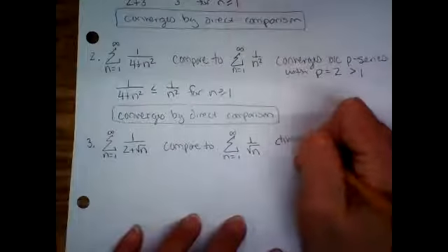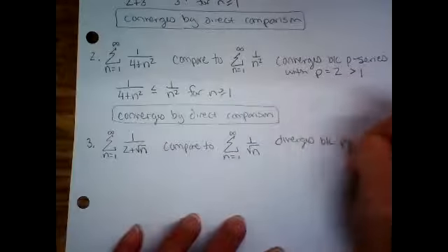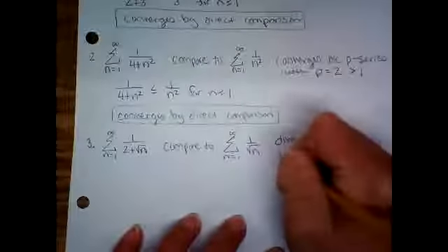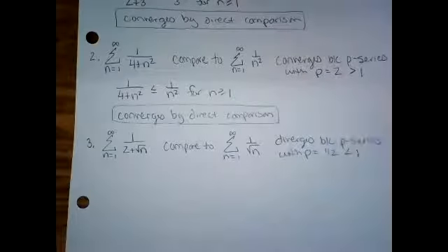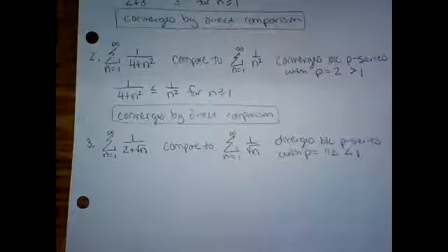So it diverges because it's a p series with p equals a half, which is smaller than 1. See, when you boil it down like that, this doesn't seem that hard, but the problem is that it's so much to remember because there's so many different tests. When we do them one at a time, it's just fine, but when they're all mixed up, it's really hard. You have to stay very organized inside your brain.